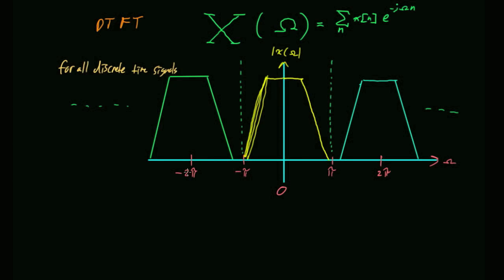Now, what frequency does pi correspond to in going from continuous time to discrete time, in relation to the Nyquist frequency? Let's say we had a continuous time signal and we sampled it with f sub s.